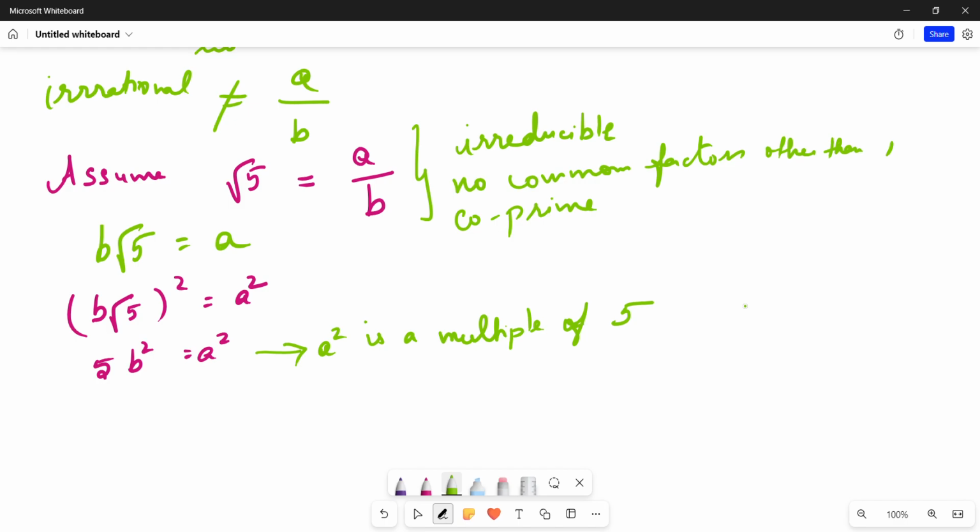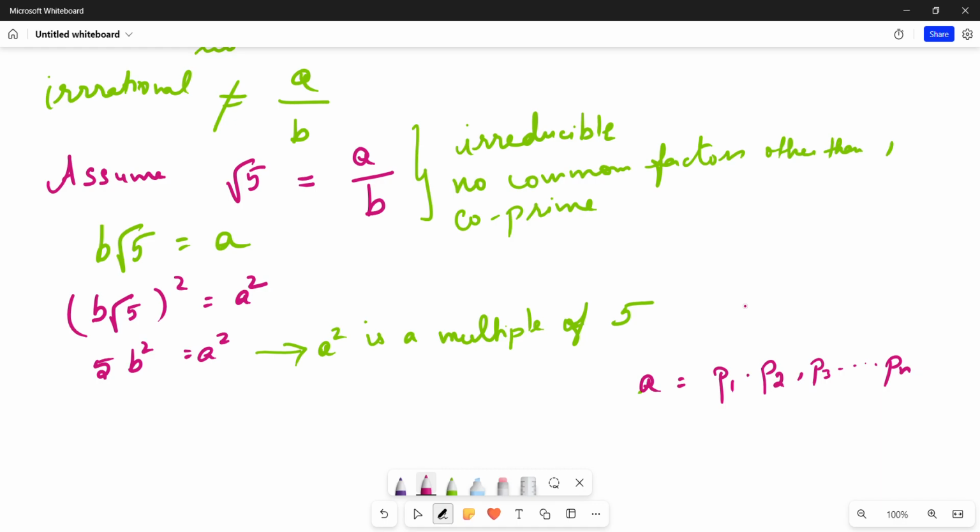Now a, as we have assumed that a is an integer, it can be expressed as a product of its primes. Like a prime factorization of a would lead to the product of its primes. So let us say that a can be expressed as p1, p2, p3, and so on till pn, and we do not know how many prime numbers there are in the prime factorization of a.